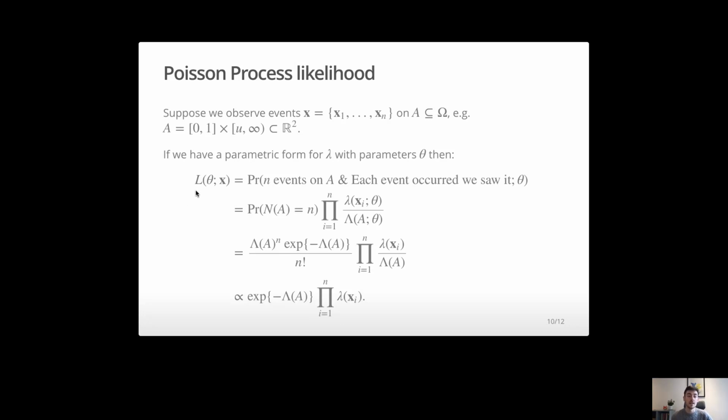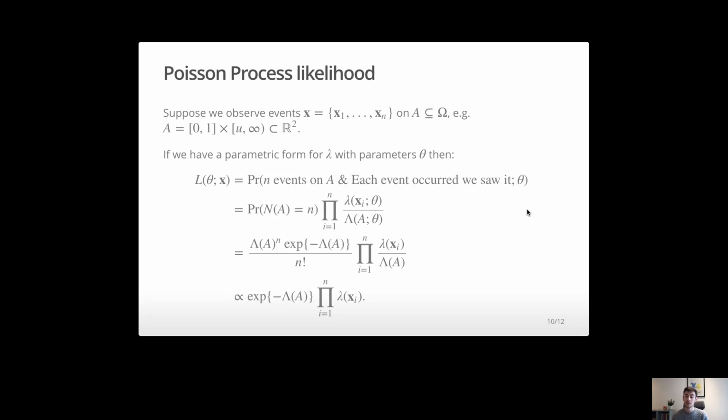So the likelihood for a Poisson process is going to be a function of the parameters of the intensity function given the observed data, which is simply the probability of the observed point pattern for a particular value of theta. Because our point pattern has 2 random aspects, the number of points and their locations, this is the probability of observing n events on A, and each of those events happening where we saw it happening.